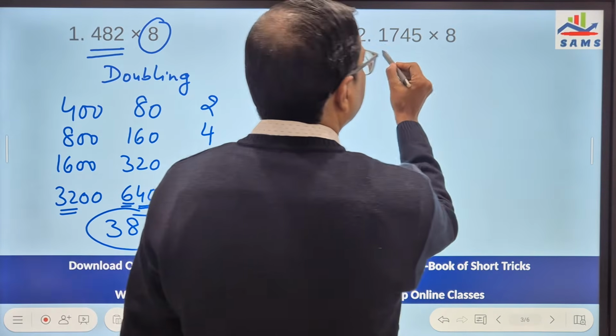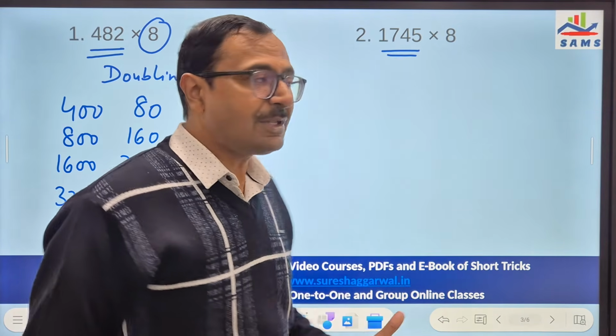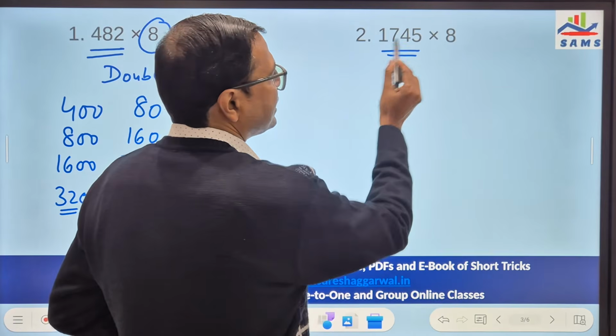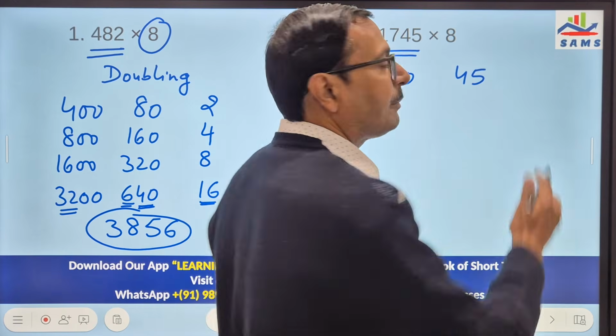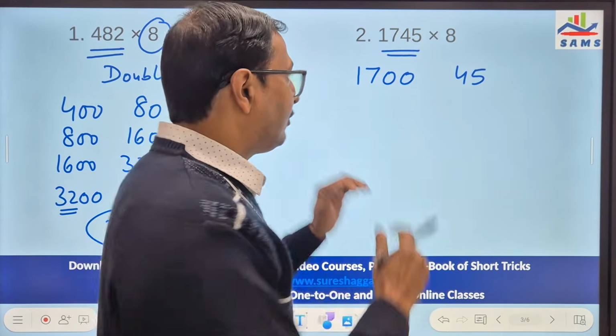Likewise, if you have a number in thousands, you can do the same thing again. Let's split this as 1000, 700, 40 and 5. See, I am reducing the number of steps now.